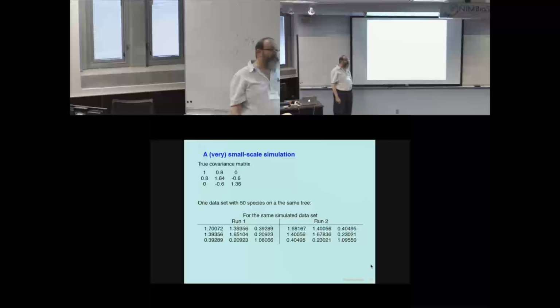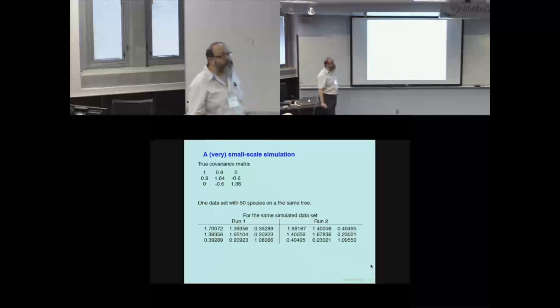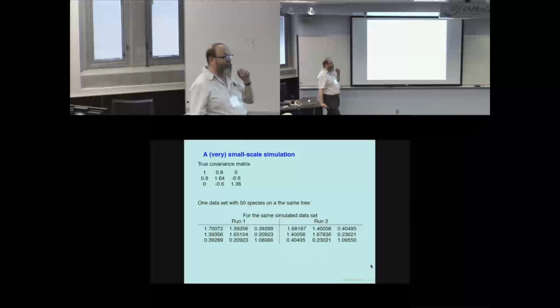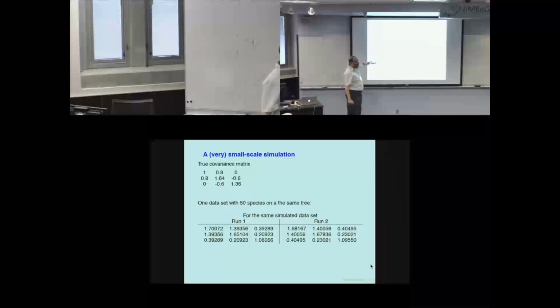Okay. And then you mentioned it, but we have this bias, I think it's a bias, in the estimates, between the true covariance matrix and the estimated ones. That's because this is the result of one outcome of evolution, and that outcome might have made it look as if there was a higher correlation than there really was.